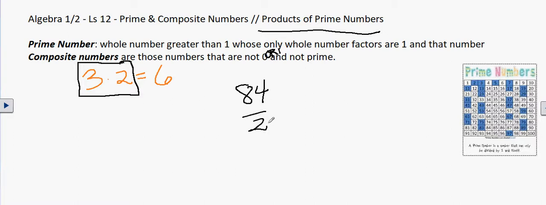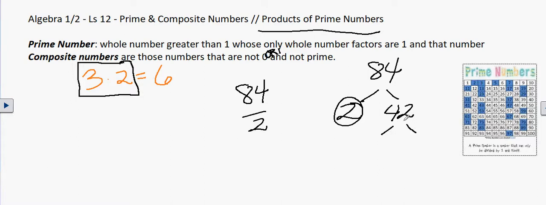For sure 2. And we start building a factor tree. Let's just do those right off the bat. A 2 goes into 84 how many times? 42 times. Is 42 prime? No. It ends in 2, which means it's also divisible by 2.